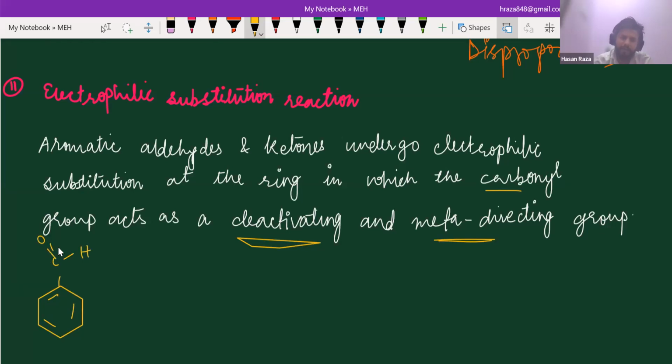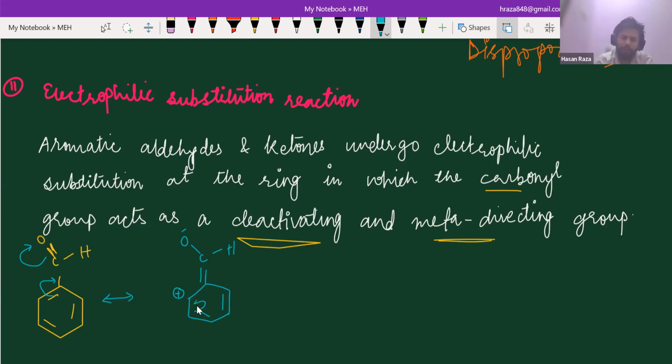That means it acts as minus R. It will withdraw electrons from the ring. So it will take the carbon's electron, and this will be moving to this side. As you can see, there will be negative charge on oxygen and there will be hydrogen. And since this electron moves to this side, there will be positive charge on ortho.